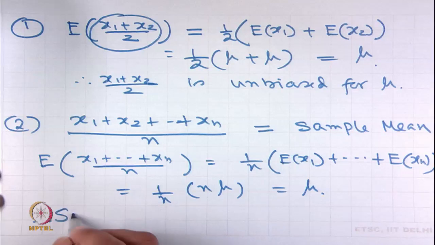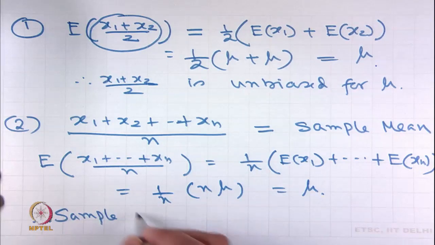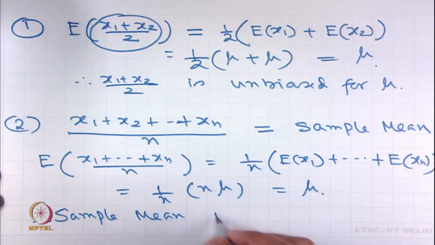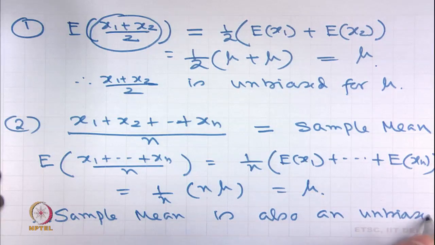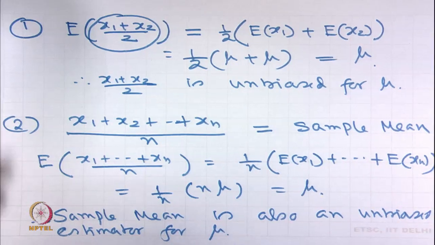Therefore, the sample mean is also an unbiased estimator for mu.